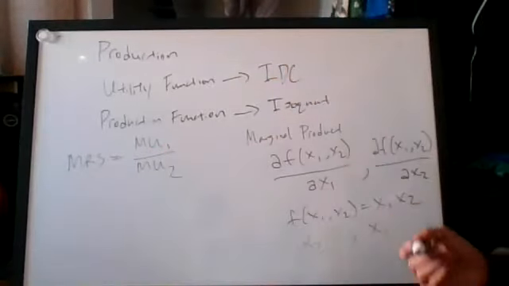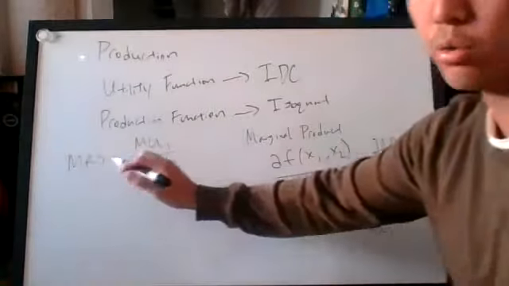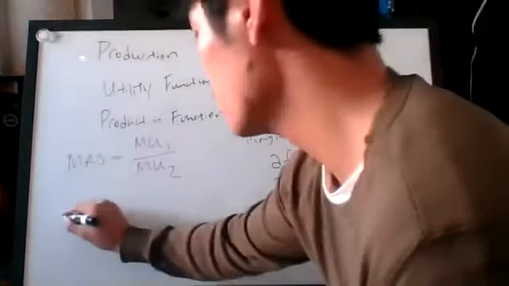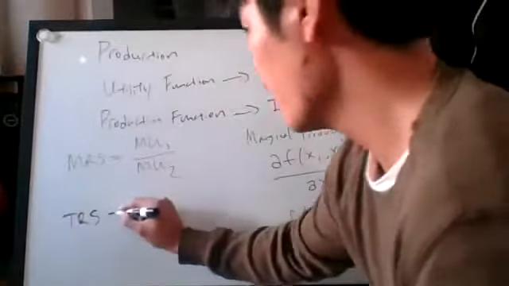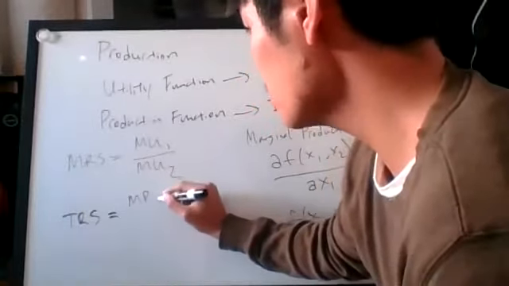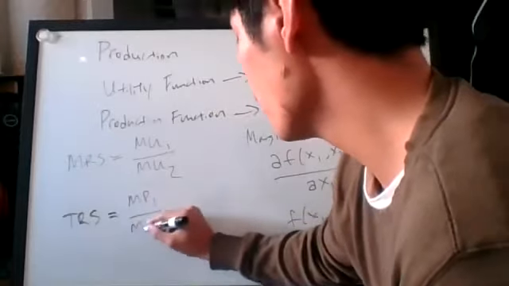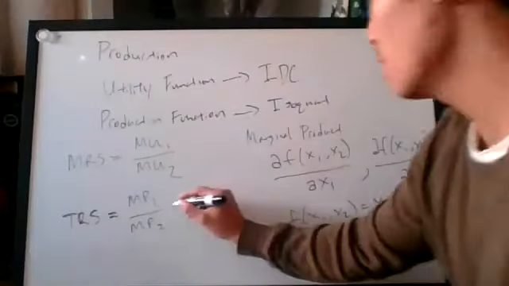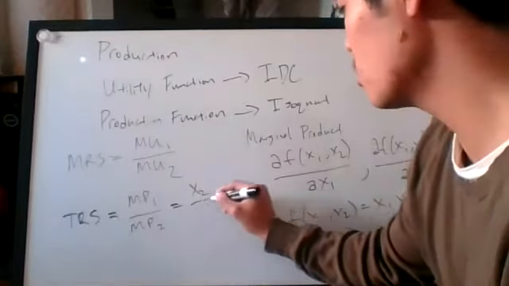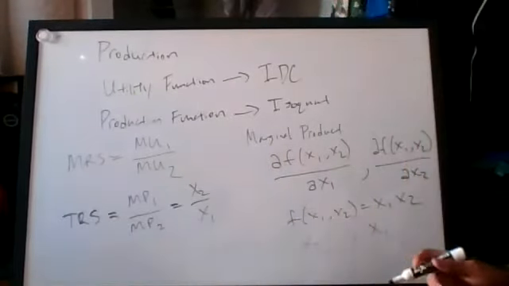And nothing's changed except that instead of calling it marginal rate of substitution, we're going to call it technical rate of substitution, right? So instead of an M, it's a T. And this is just going to be the marginal product of input one over the marginal product of input two, right? And in this case, this just becomes x2 over x1.